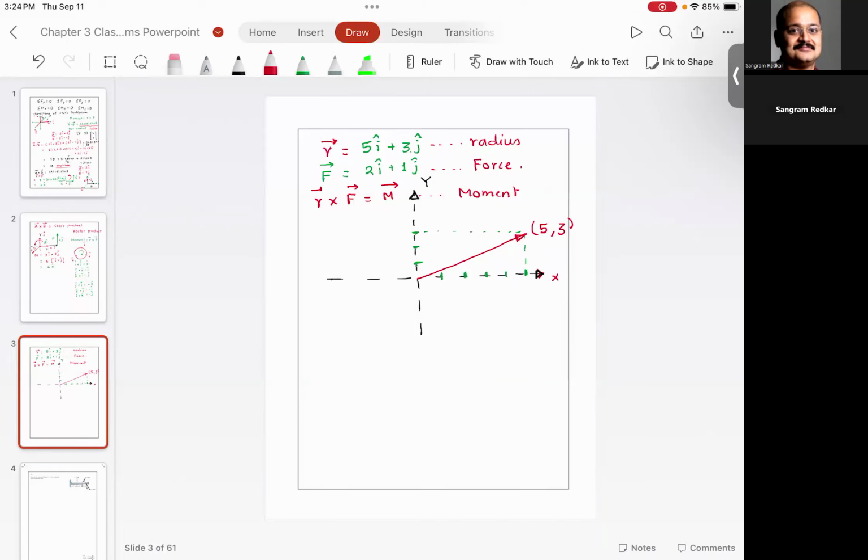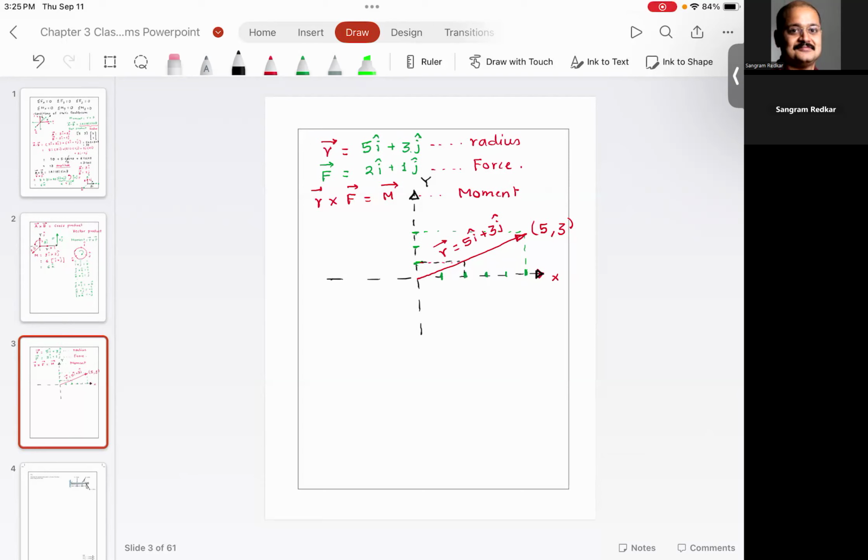This vector is my r, which is 5i plus 3j. Are you with me? Now I have one more vector, 2i plus 1j.